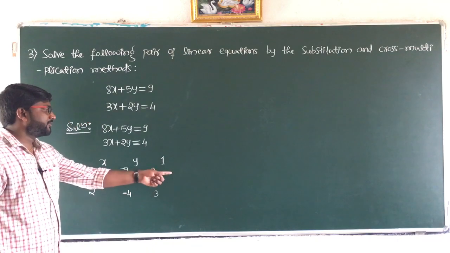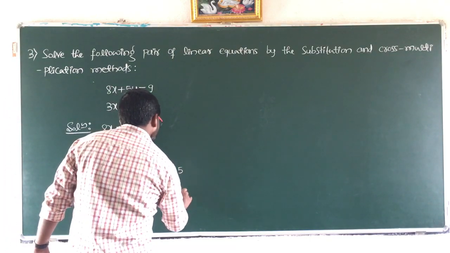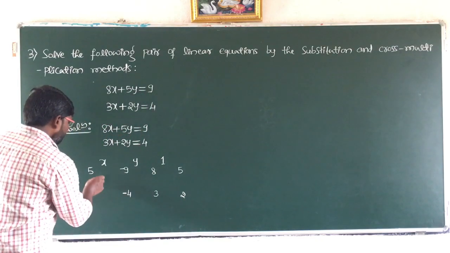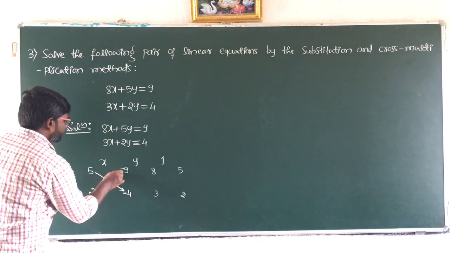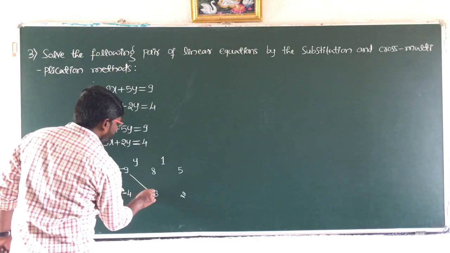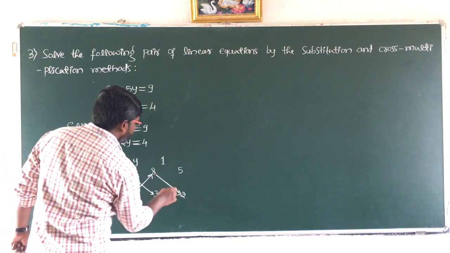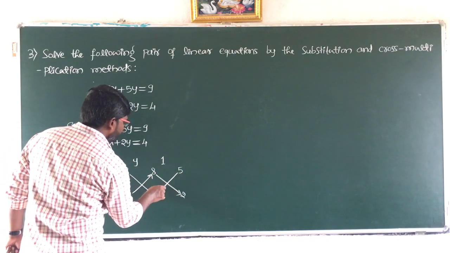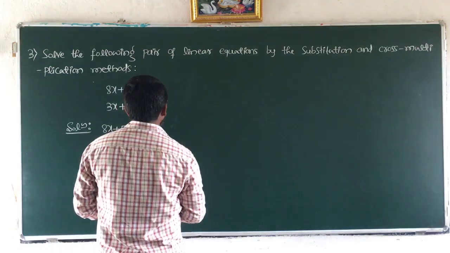At the end again we have to write b1 b2, that is 5, 2. So now multiplication of these two minus multiplication of these two, then these two, then 8 must be multiplied with 2 and minus 3 must be multiplied with 5. So we will solve this.